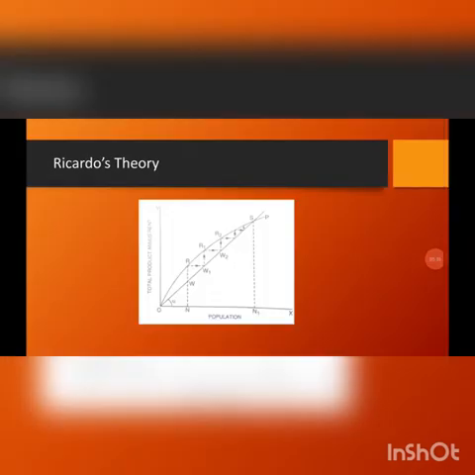Now look at this graph. It shows the movement of the economic system towards a stationary state. The x-axis represents population and the y-axis represents total product minus rent. The curve OP shows total product minus rent as a function of population.